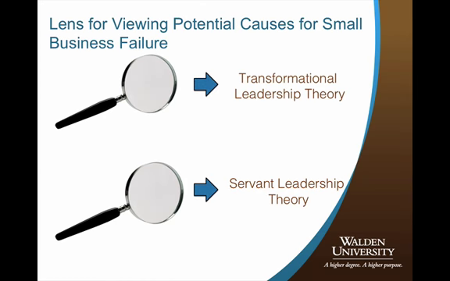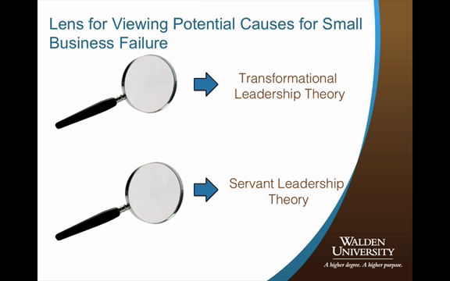Let's examine it from the perspective of a lens through which to view a phenomenon. Assume the business problem or phenomena is a failure rate of small businesses, an obvious business concern. It stands to reason there are a plethora of explanations that can be offered for the failure of small businesses. As the researcher, you have the choice of lens from which to view the problem.